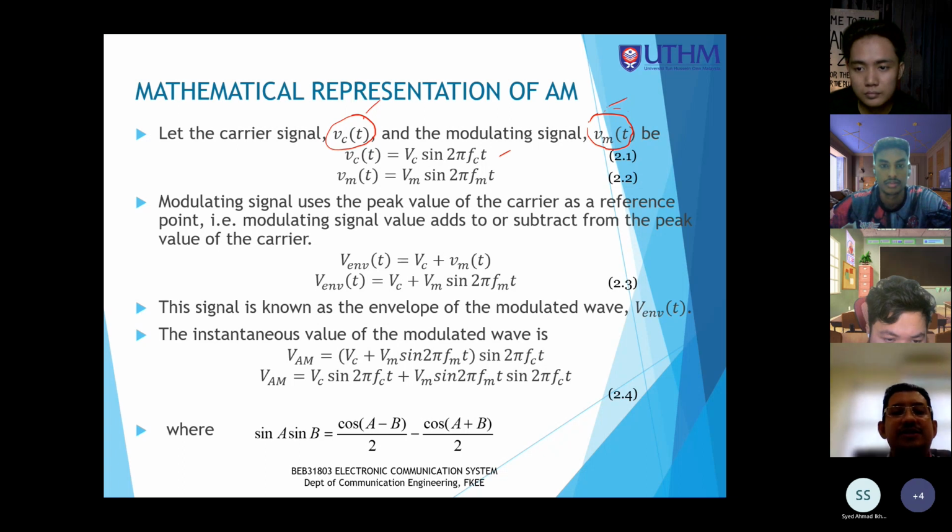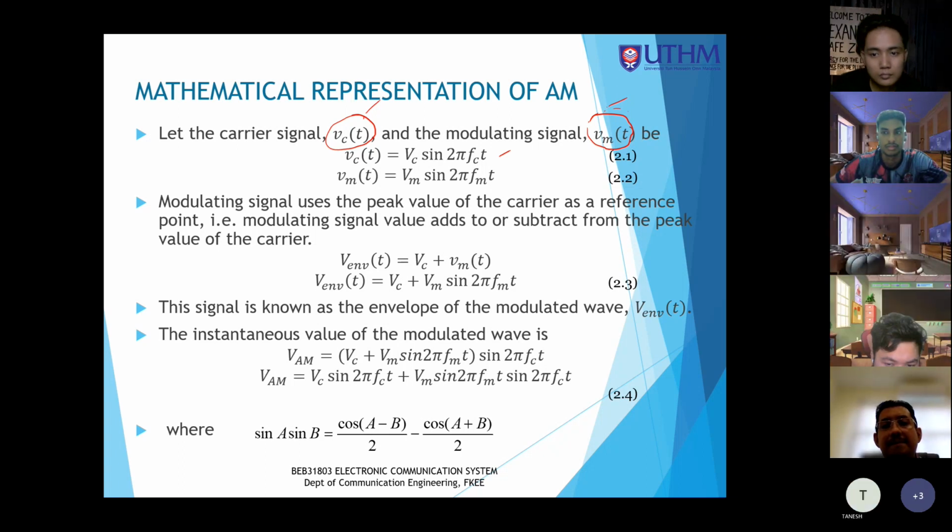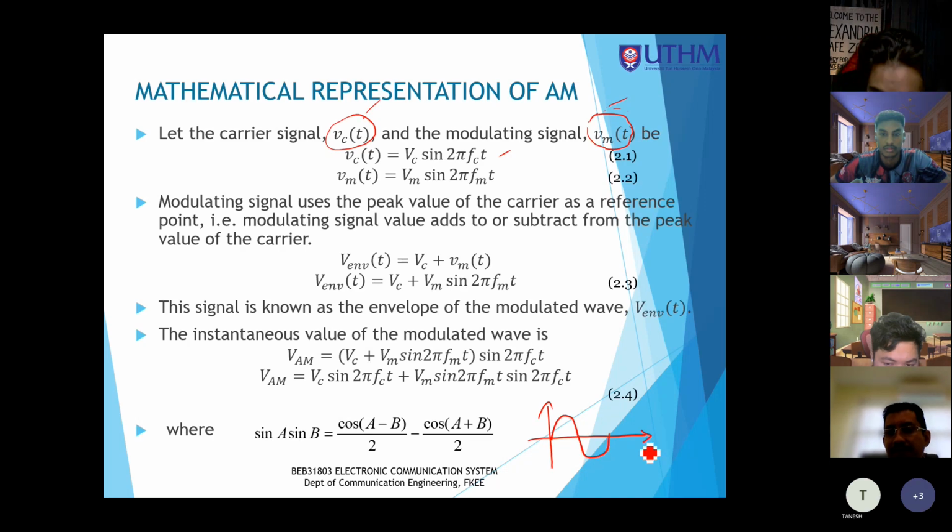What is this actually? Maksud dia both input message dan juga carrier ditakrifkan sebagai sine wave, although in the real world it's not like that actually. Saya nak tunjukkan macam mana bentuknya. I think you already know about a simple sine wave.